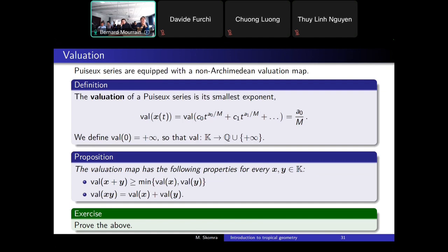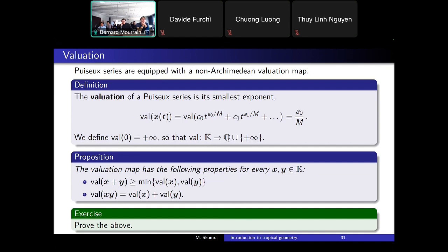So it says roughly that this function around 0 behaves like this term, at least in terms of the rate of growth. And the second property here is that this valuation function goes into the rational numbers together with plus infinity, right? Because a_0 over m is rational. Okay, and now we have the two properties that relate this to tropical algebra.